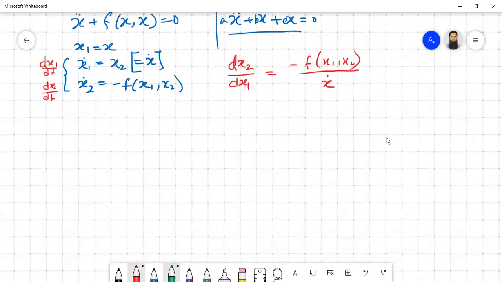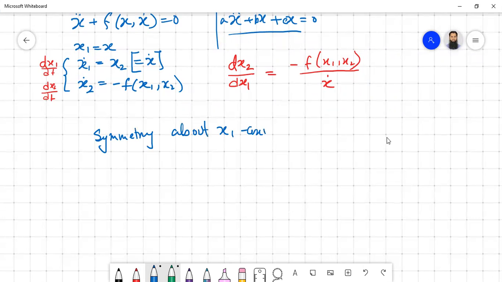It is better if you can find out the symmetry. The condition for symmetry about the x1 axis, which is generally our x-axis, is that f(x1, x2) should be equal to f(x1, minus x2).